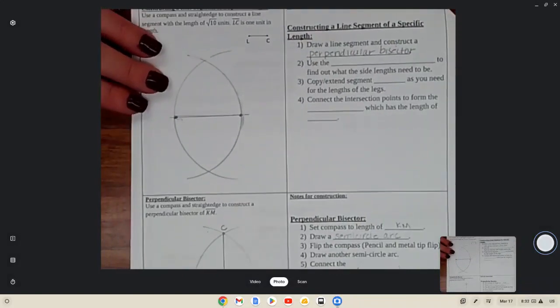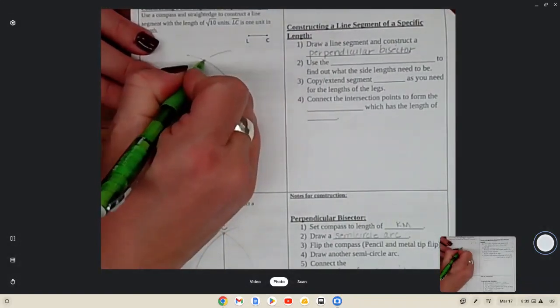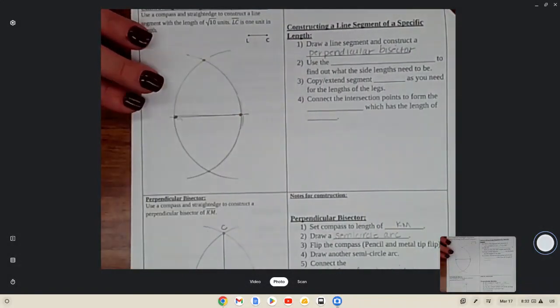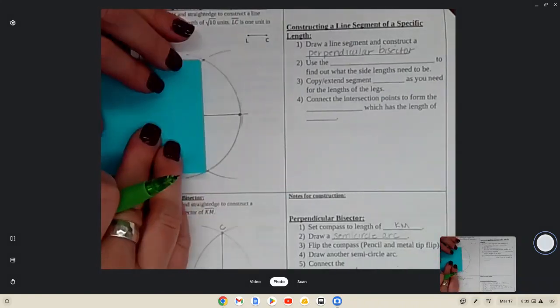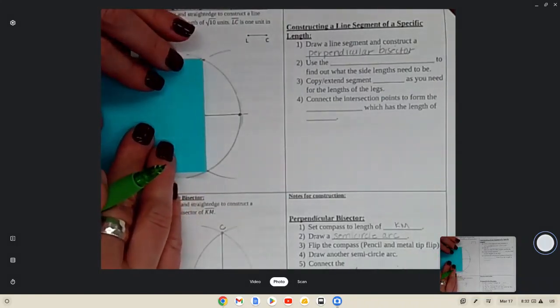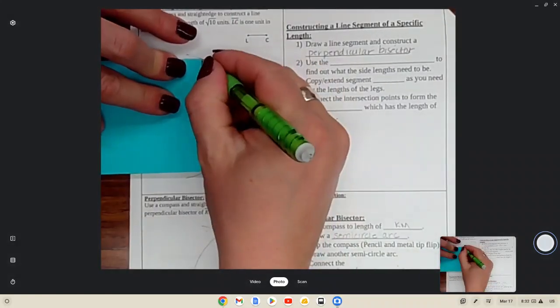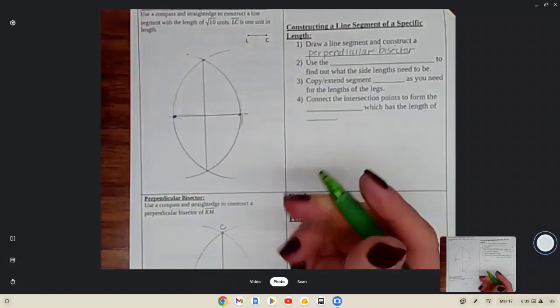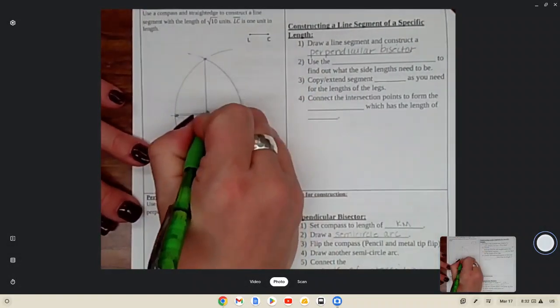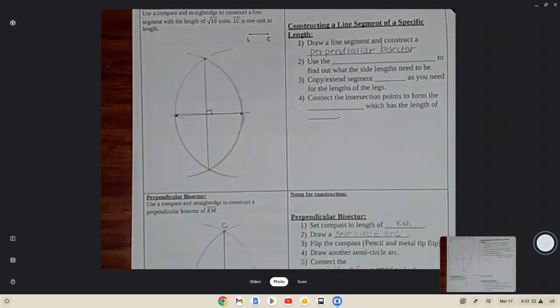Then those points of intersection, that's where you connect. Okay, so we have a perpendicular bisector.